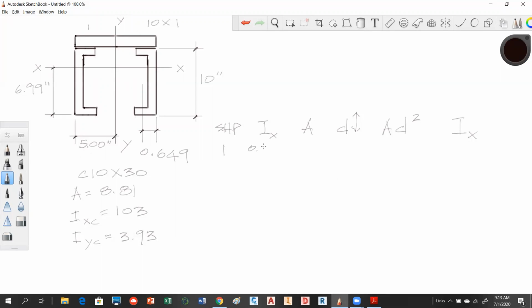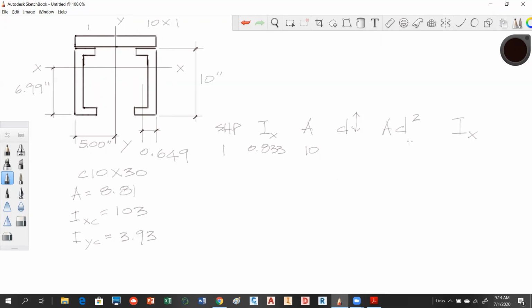It turns out to be a very low number, 0.833. Area is going to be 10 times 1. That's 10. So D is the distance from this axis line to this axis line. So basically what you're coming up with is you've got 10 plus a half. So 10 and a half minus 6.99 would be the distance between.